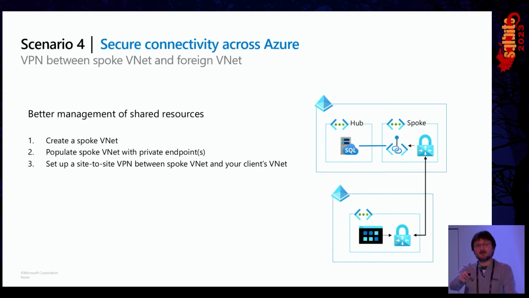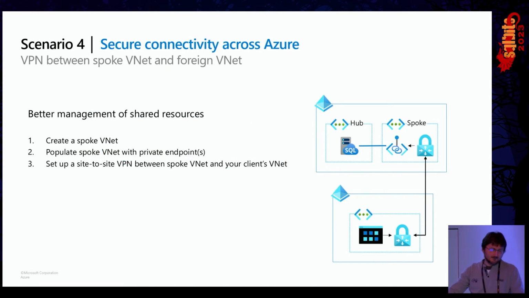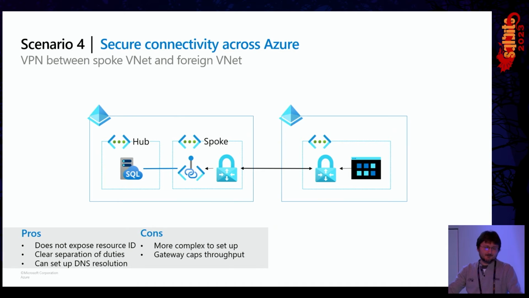So they have a VNet, we have a VNet. We set up a site-to-site connection, and then in this VNet on our side, we will drop as many private endpoints as we like. The peering will only happen between those two virtual networks.